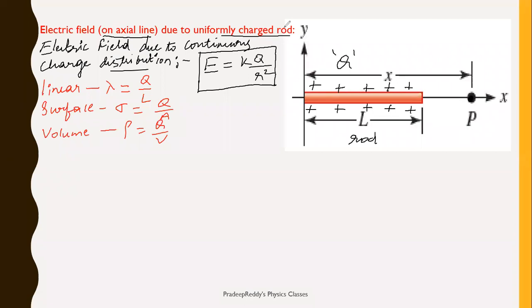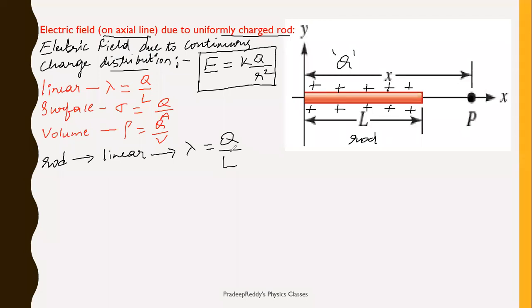Therefore, the rod comes under linear charge distribution, and linear charge density lambda is equal to the total charge residing on the rod, capital Q, divided by the total length of the rod, capital L.